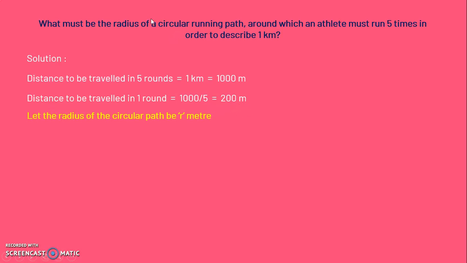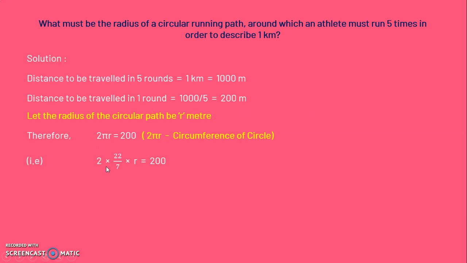The path is a circular one. Let the radius of the circular path be r meters. The athlete is running around the circular path, so we have to find the circumference of the circle. The circumference of the circle is 2 pi r, as we all know. So 2 pi r is equal to 200 meters, the distance traveled in one round.